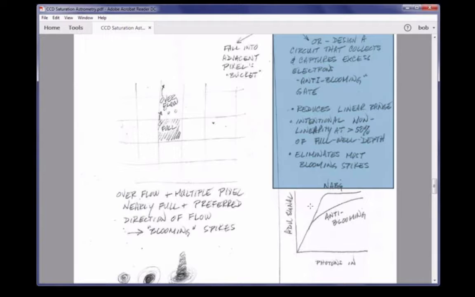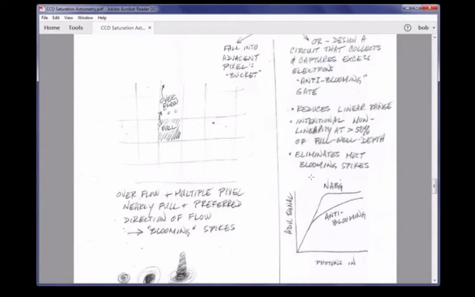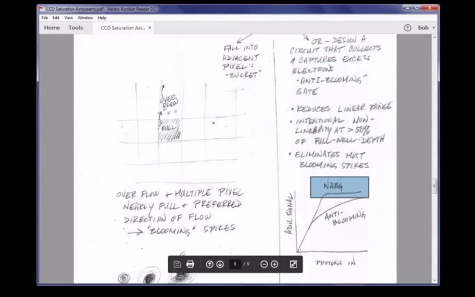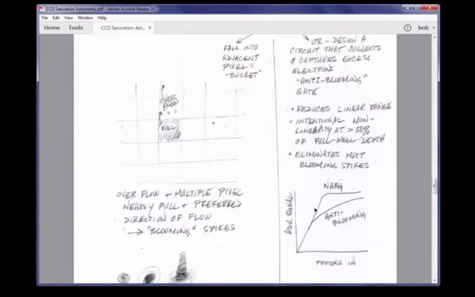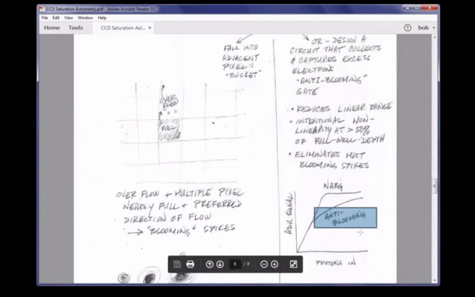So in a non-anti-blooming sensor, if you plot signal versus photons in, you will typically have a curve that is a very nice straight line until it thresholds and goes flat. Whereas in your anti-blooming sensors, somewhere typically around 50% of the full well depth, that curve starts to go nonlinear, turn over, and slowly climb toward saturation.